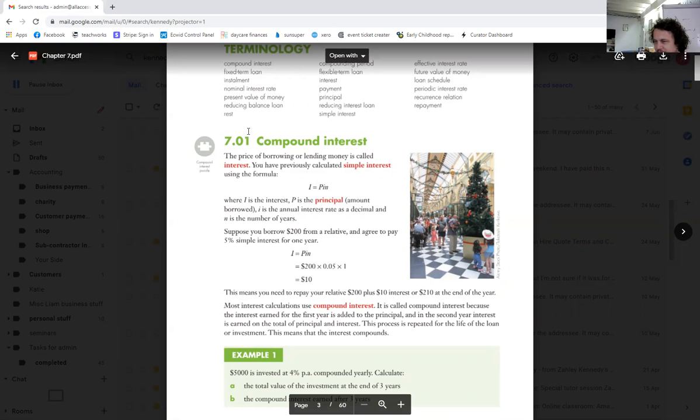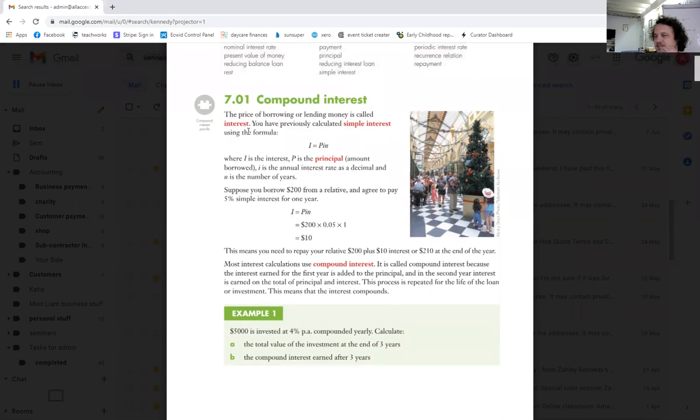So we can do it, and I'll show you guys the painful way first. We can do $5,000 invested at 4% per annum, compounded yearly, meaning that at the end of each financial year, 4% of that investment will be added on to the initial capital of $5,000.